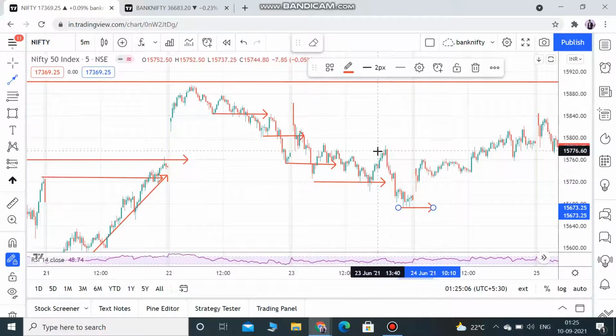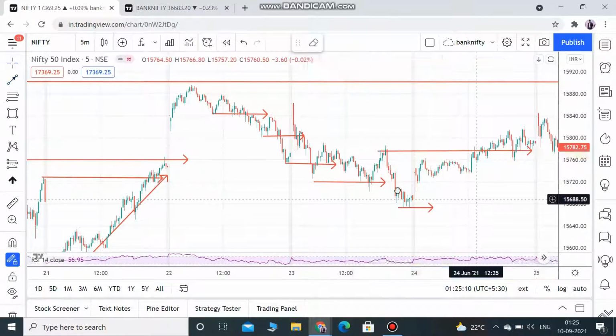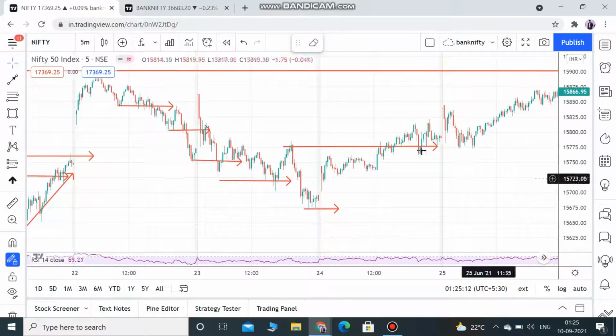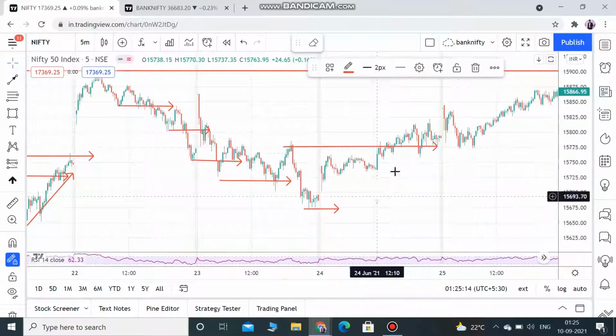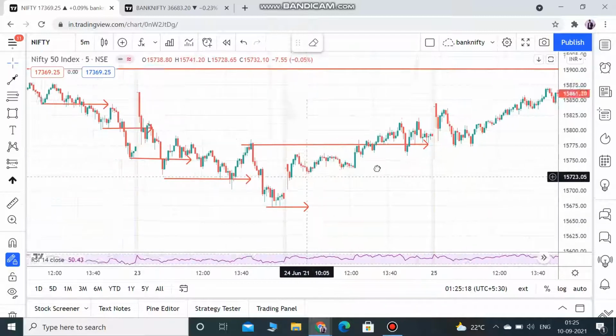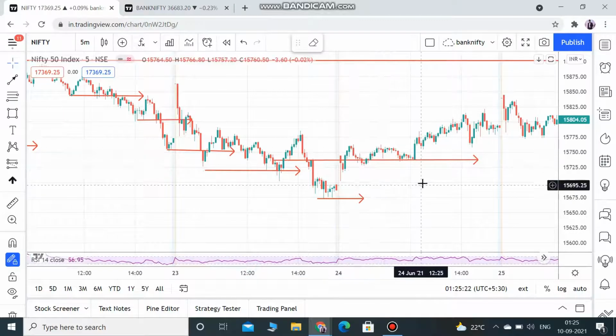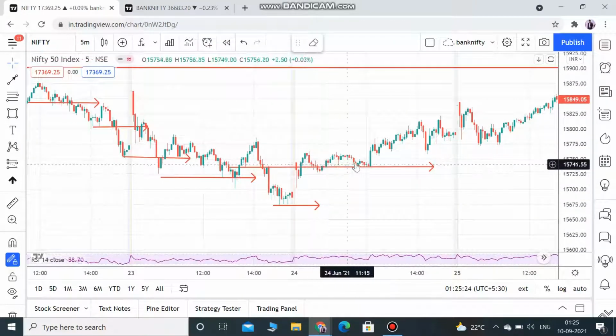And if this was my particular high, once you see this kind of break of structure, I think, okay, this was my recent high. If this is my recent high, there's a break of structure here, and then it is finding it difficult to go below this.